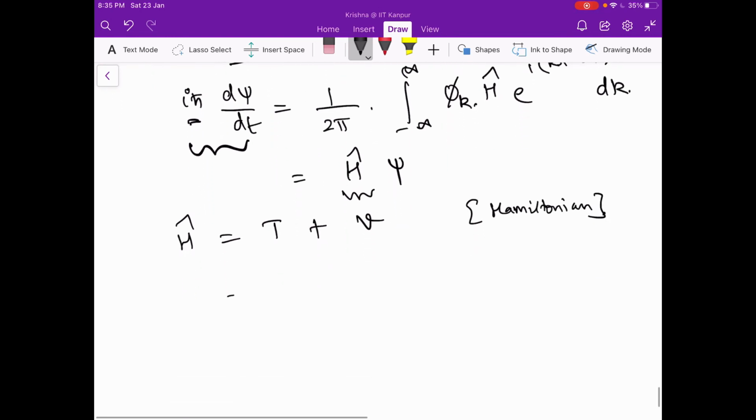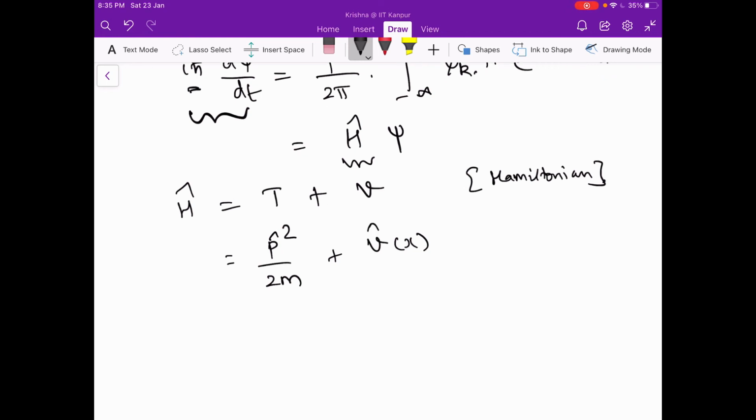T is p square by 2m, where p is the momentum operator that we saw previously, and V is the potential energy. This is some operator.